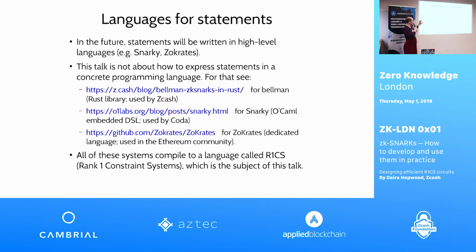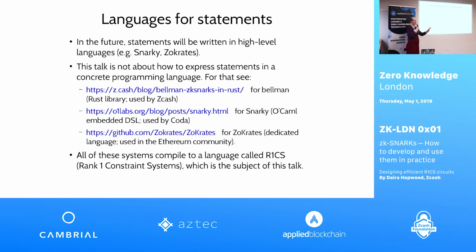Because even if you're writing your code in these higher level languages, it's extremely useful to know R1CS in a similar way to it being useful to know assembly language when you're doing ordinary programming, if you want to write efficient code. But even more so because in assembly language, it's fairly well abstracted.